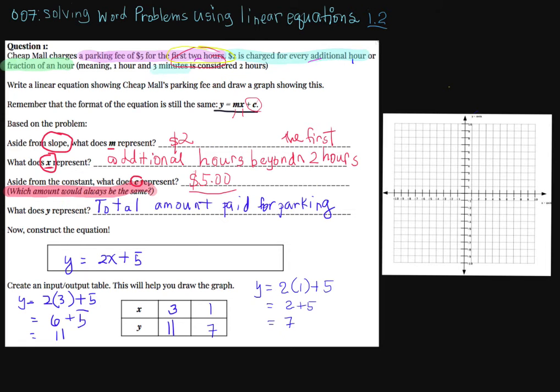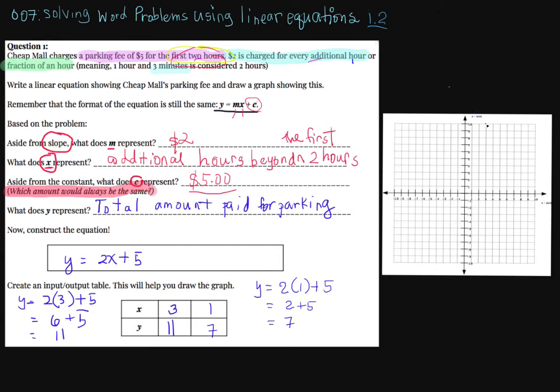Okay, and the next part is to plot it on the graph. Your first coordinate point is 3, 11. Please, I saw a lot of you making mistakes flipping the x and y. X first, y next. So 3 and 11. Now, some of you say, oh my God, the graph ends at 10.